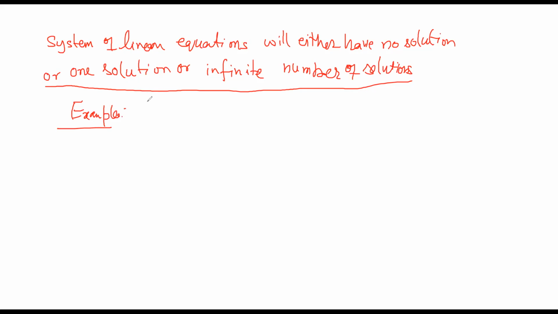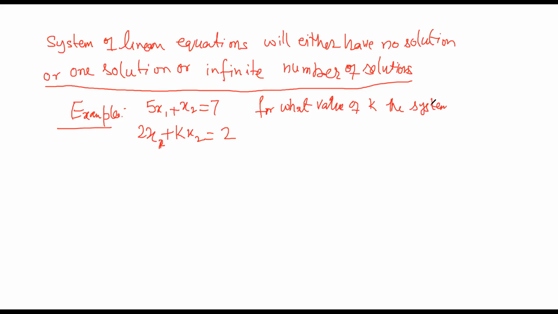So 5x1 plus x2 is equal to 7, and another equation is 2x1 plus kx2 is equal to 2. The question is, for what value of k will the system be inconsistent?